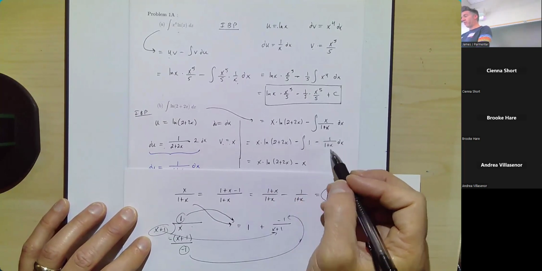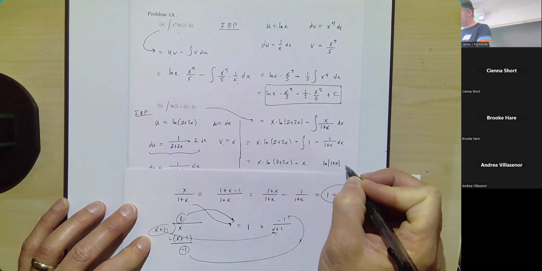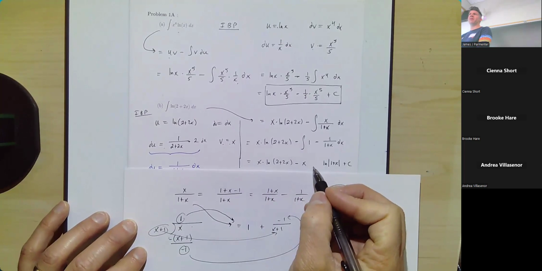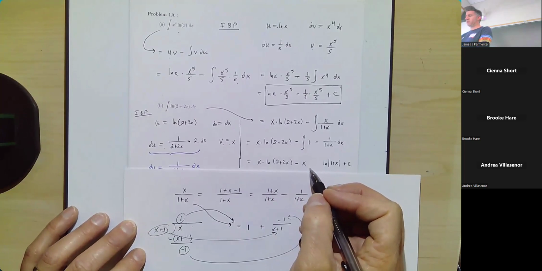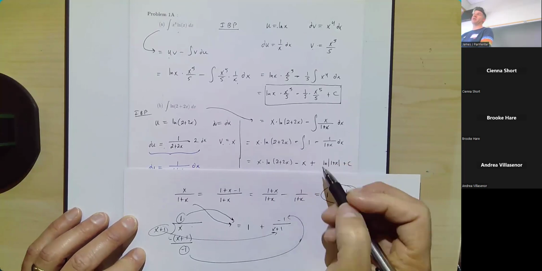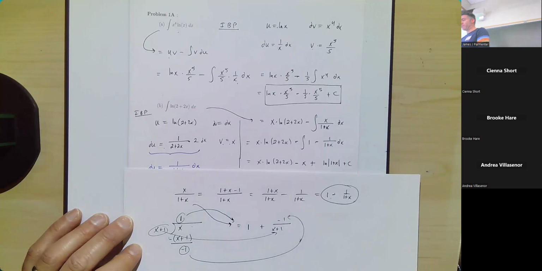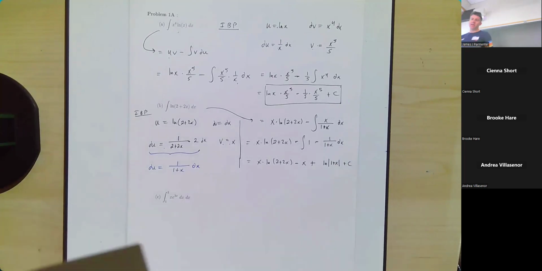The integral of 1 over 1 plus x is the natural log of the absolute value of 1 plus x. Is it a minus or a plus there? It's a minus, a minus. Oh, it's a little funky, I'm not going to lie. There's a lot to deal with.